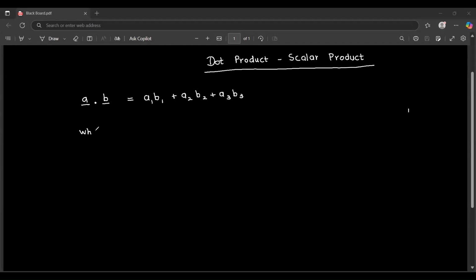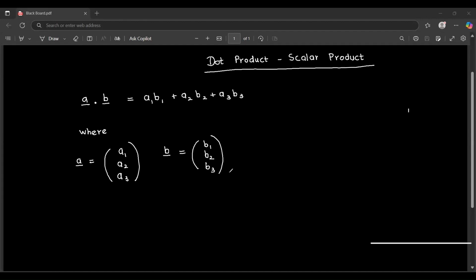where vector A is equal to A1, A2, A3, and vector B is equal to B1, B2, B3. And this is what we call the dot product or scalar product.